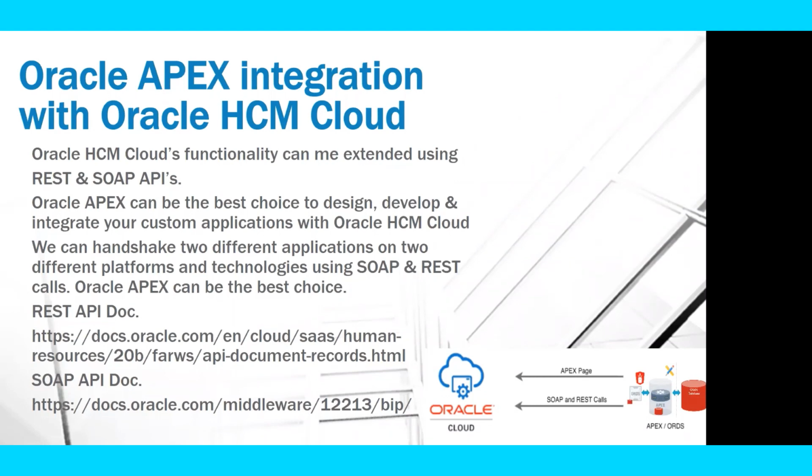Here you can see we have Oracle HCM Cloud and Oracle Apex running on RDS, and we are trying to communicate between these two applications to share data from the local database over the cloud using Oracle Apex. Of course, this involves services, SOAP, and RESTful calls.